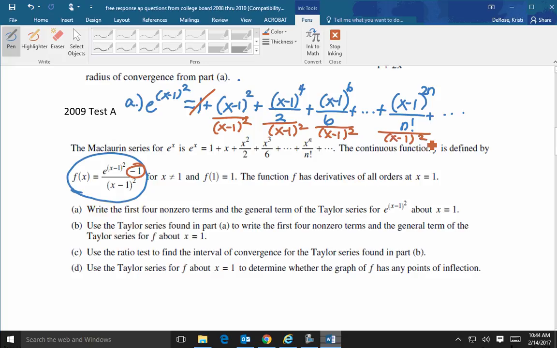So that's going to equal 1 plus x minus 1 squared over 2 plus x minus 1 to the 4th over 6 plus dot dot dot plus, and you could make that 2n minus 2, or you could just say x minus 1 squared n factorial. Okay, so if you were only to put together, you could make that x minus 1 to the 2n minus 2, or you could just leave it being divided.